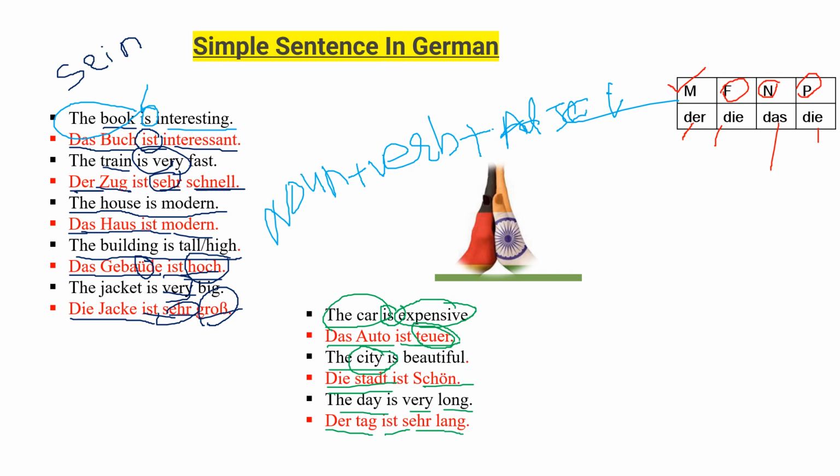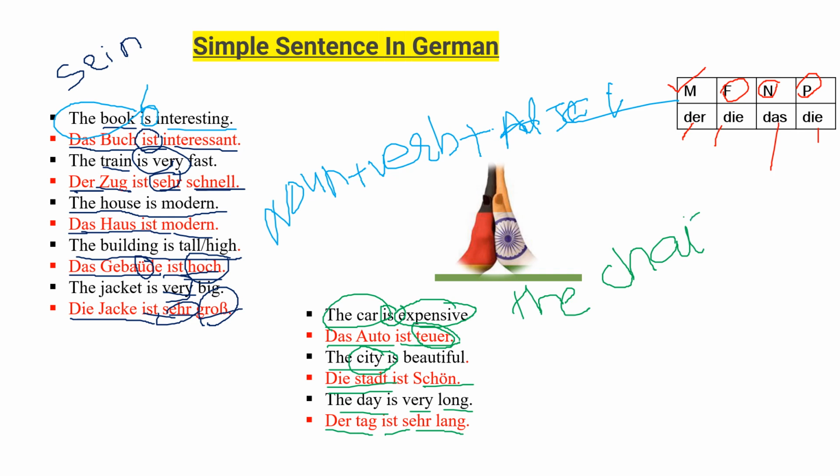Similarly, if I give an example, suppose the sentence is: the chair is beautiful.